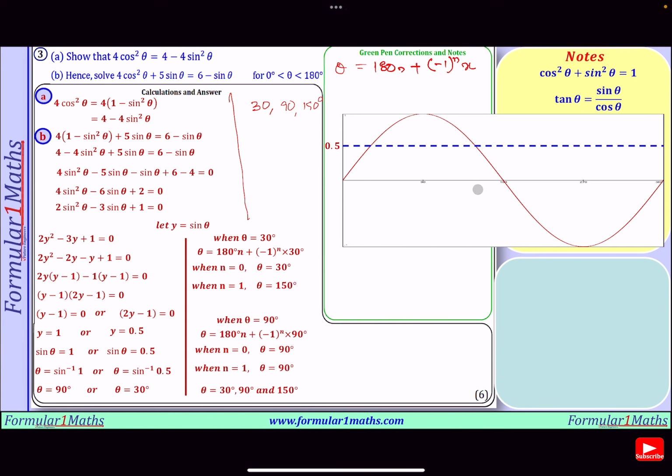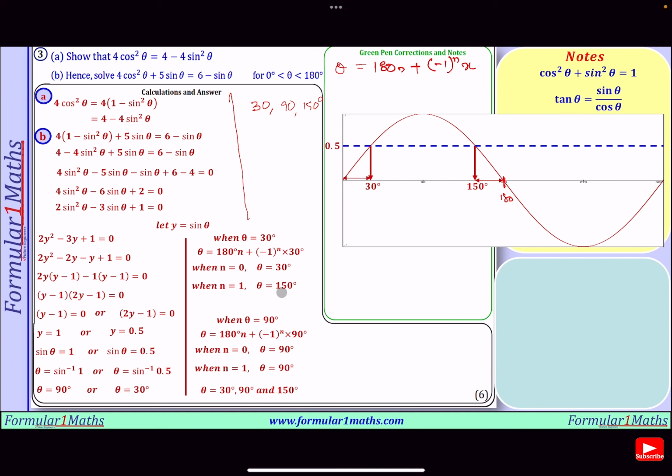That value is the first one we got, which is 30. And the second one will be somewhere over there. By symmetry, this length here is 30. That means this length here is 30. And I know that this point here is 180. Let me write it properly, 180. So if this length is 30, then 180 minus 30 will give us this value here. And if I do that, I get 150.